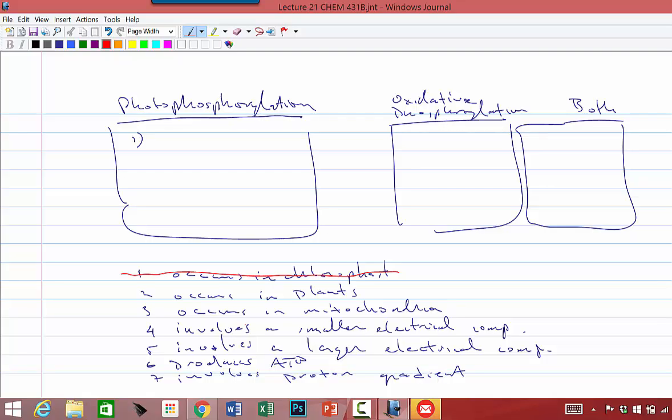Very good. Why do you think it's both? Why do you guys think that photophosphorylation and oxidative phosphorylation both occur in plants? What gives you that idea?